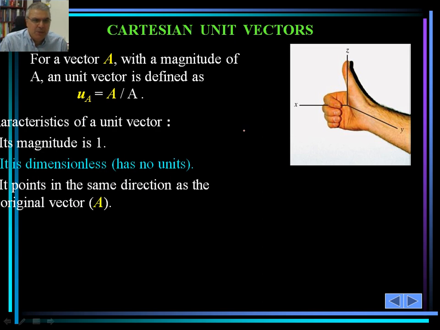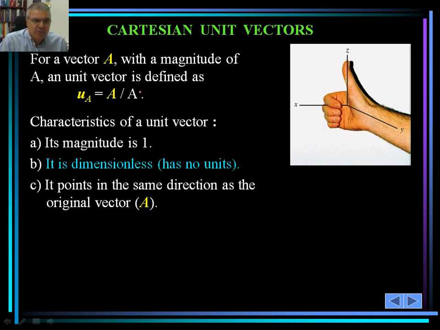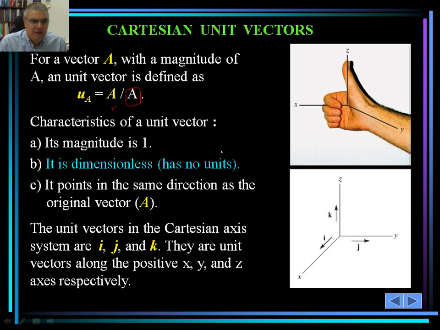If the magnitude of a vector A, shown as A in white here, is the magnitude of vector A shown in yellow here, then for a vector A with magnitude A, a unit vector is defined as U sub A, simply A divided by its magnitude. So it's a vector divided by its magnitude.